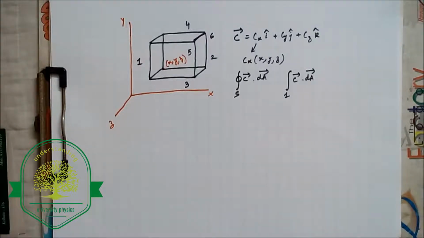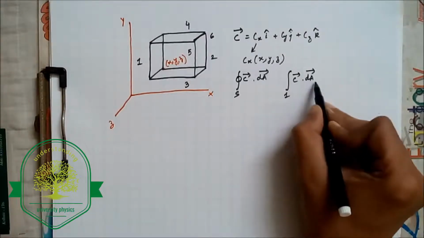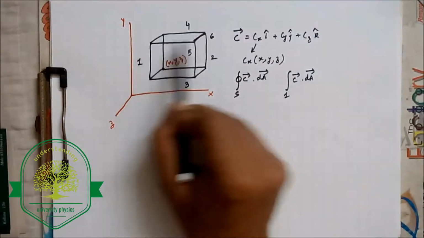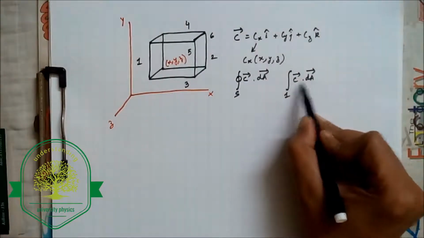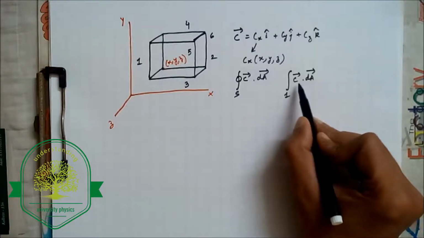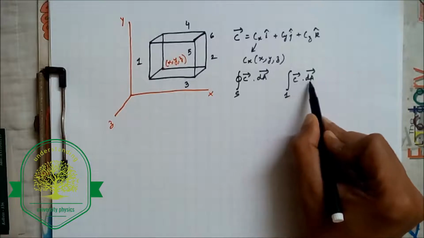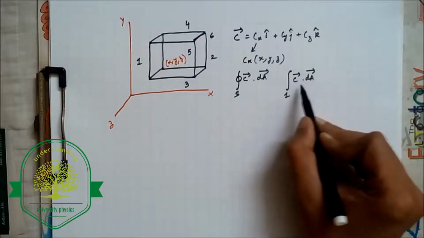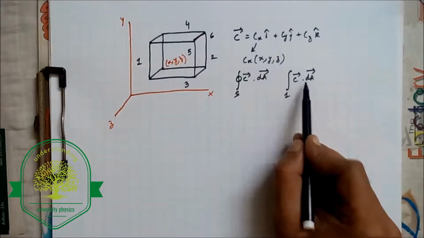So if we dot C with the small area vector dA, you'll have to first of all note that this box is infinitesimally small. So in doing C dot dA, we'll have to multiply the component of C which is in the direction of the area vector dA, or exactly in this case it will be exactly opposite to the direction of the vector dA.